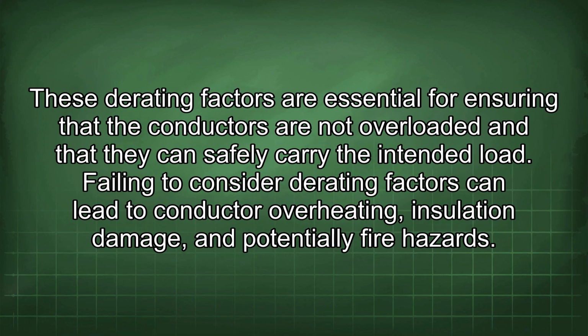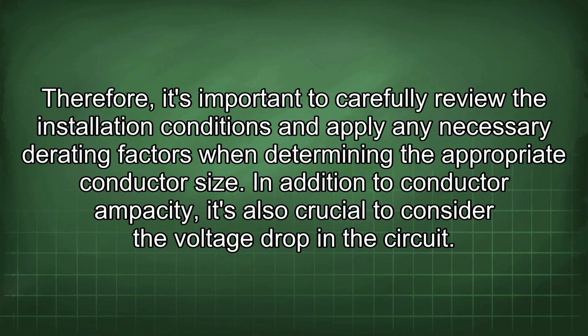These derating factors are essential for ensuring that the conductors are not overloaded and that they can safely carry the intended load. Failing to consider derating factors can lead to conductor overheating, insulation damage, and potentially fire hazards. Therefore, it's important to carefully review the installation conditions and apply any necessary derating factors when determining the appropriate conductor size.